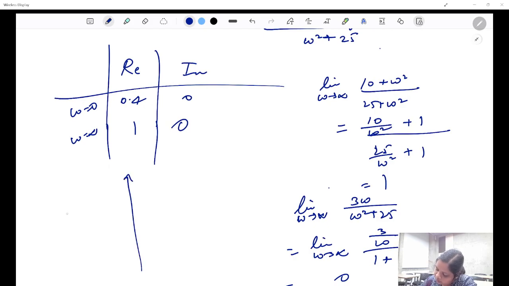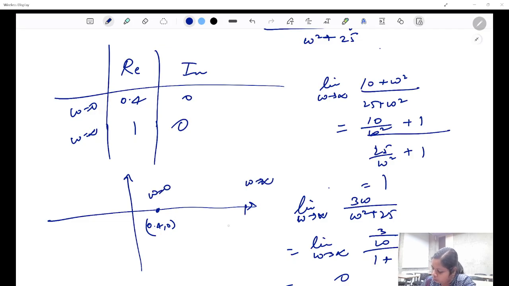Okay. So we have been told that it is a semicircle, and we need the radius. So let's plot it. At omega equal to 0, it's going to be 0.4 comma 0, and as omega tends to infinity it's going to be 1 comma 0. These 2 points, the difference is 0.6. So at 0.3 you'll have, 0.4 plus 0.3 is 0.7 comma 0, right?